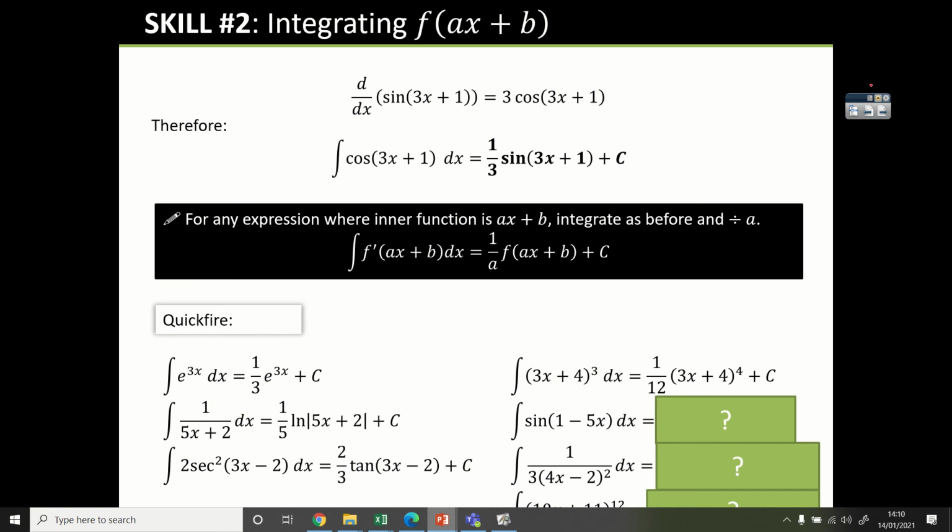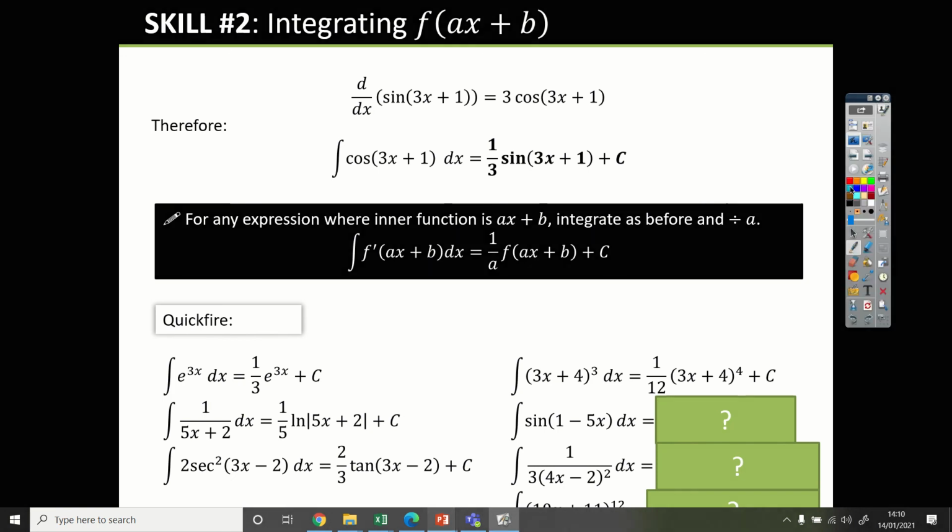It might be worth us writing down a general version of this. So if you're integrating ax plus b, all to the n, a linear bracket to the power of n integrated is going to have the same bracket, but it's now to the n plus 1.